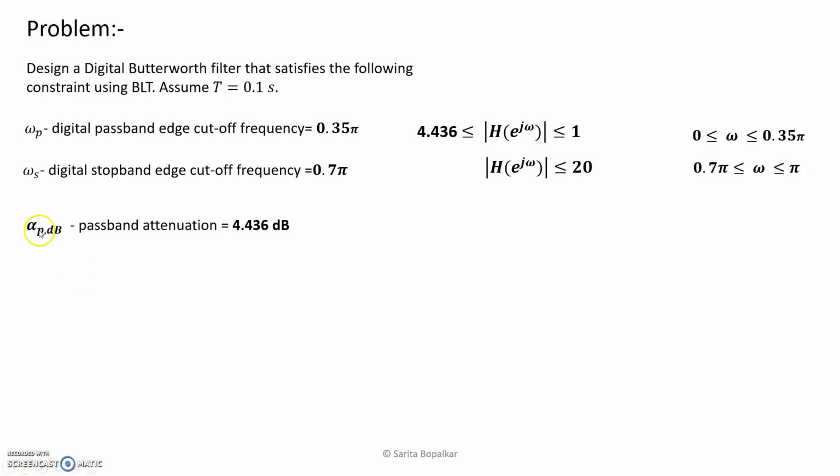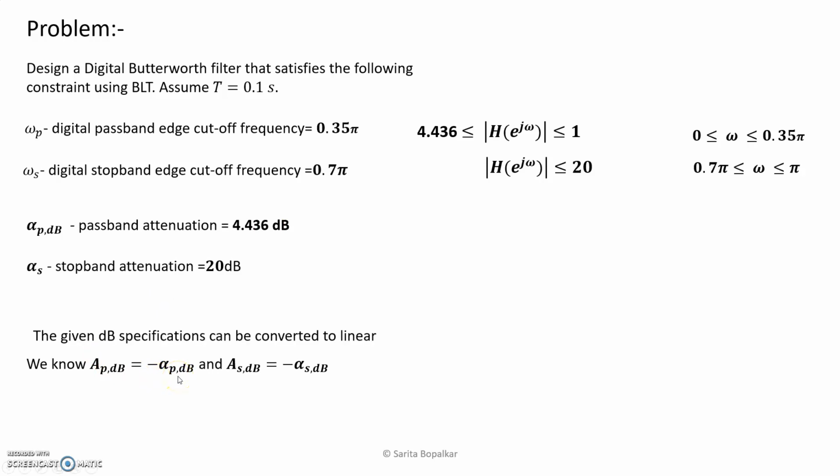this attenuation is given in dB, passband attenuation and stopband attenuation. Now we know the relation between gain in dB and attenuation in dB. So we have to first convert this dB attenuation into the linear gain.